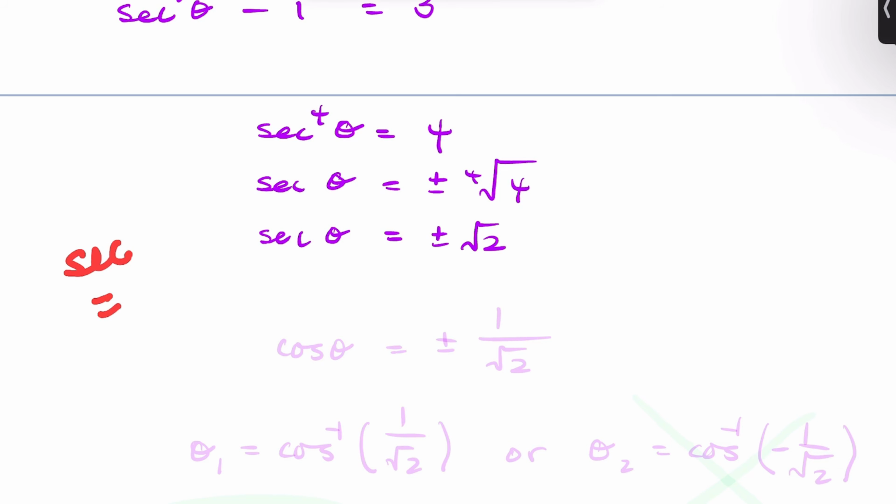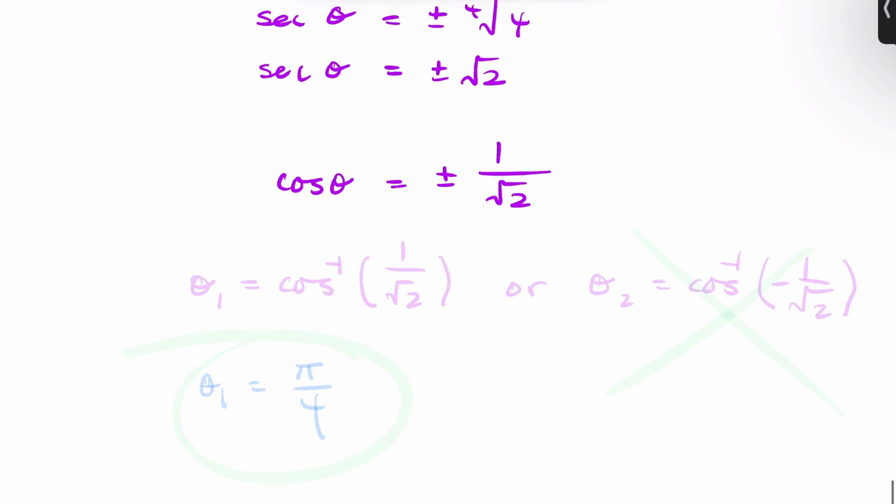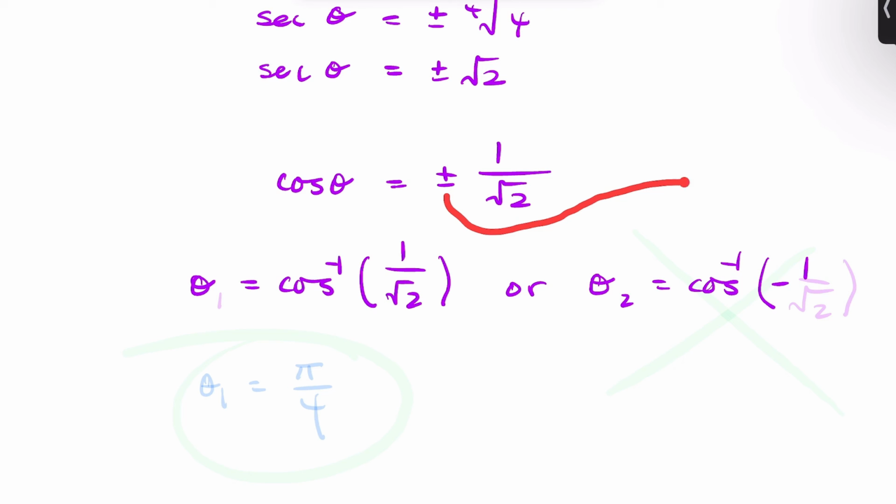So that means that cosine theta is plus or minus 1 over root 2. So theta would be cosine inverse of 1 over root 2, or theta is cosine inverse negative 1 over root 2.